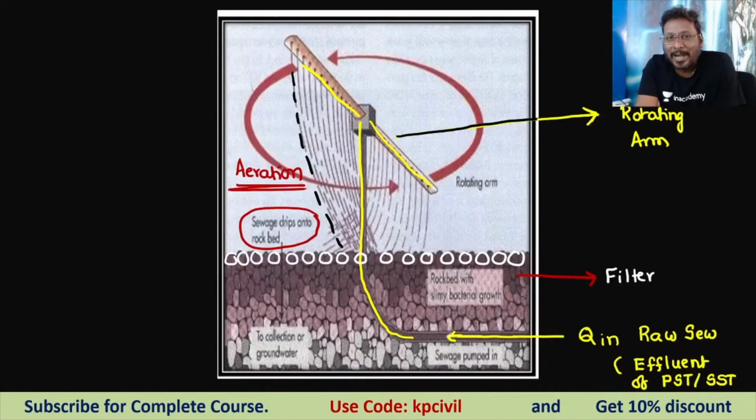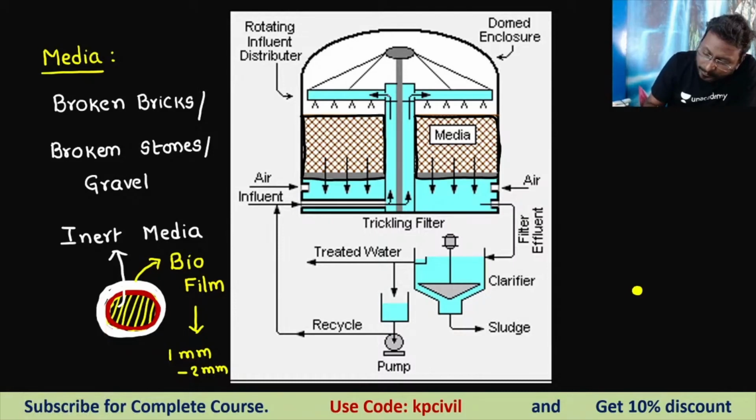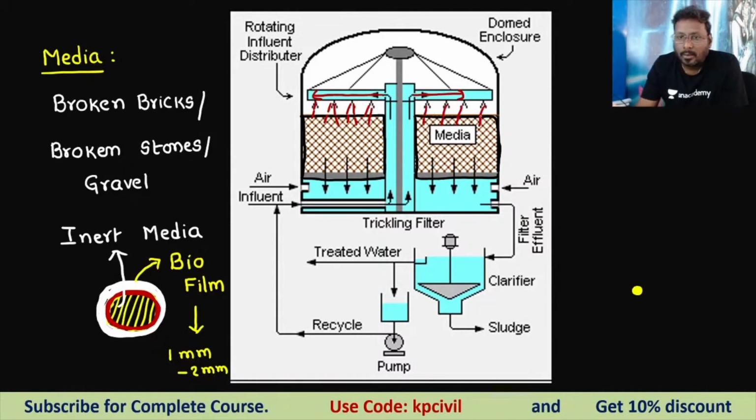This is a practical picture. This is a textbook picture for your easy understanding. The rotating disc releases sewage into the filter media. Now, what does the filter media contain?